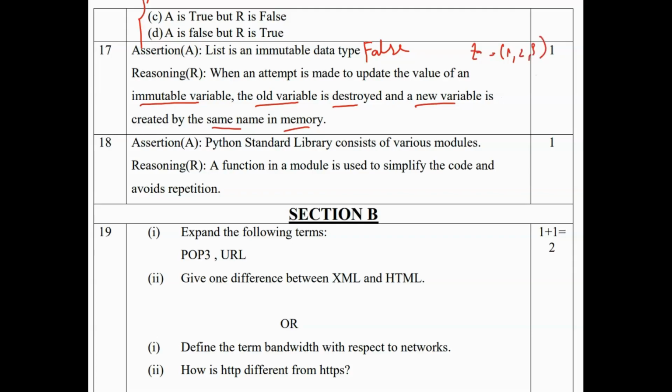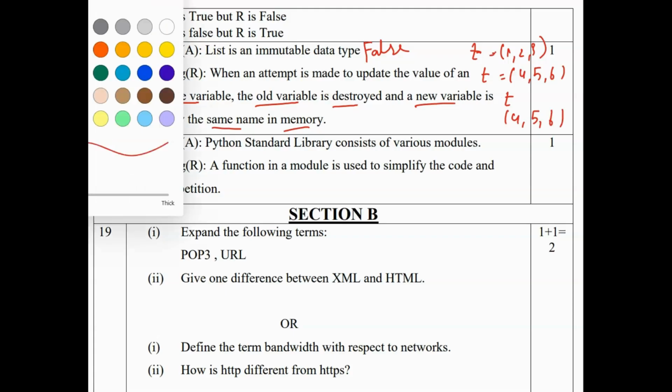Now I am assigning a new value to t as (4, 5, 6). Now I am trying to print t. So what will get printed? (4, 5, 6) will get printed.